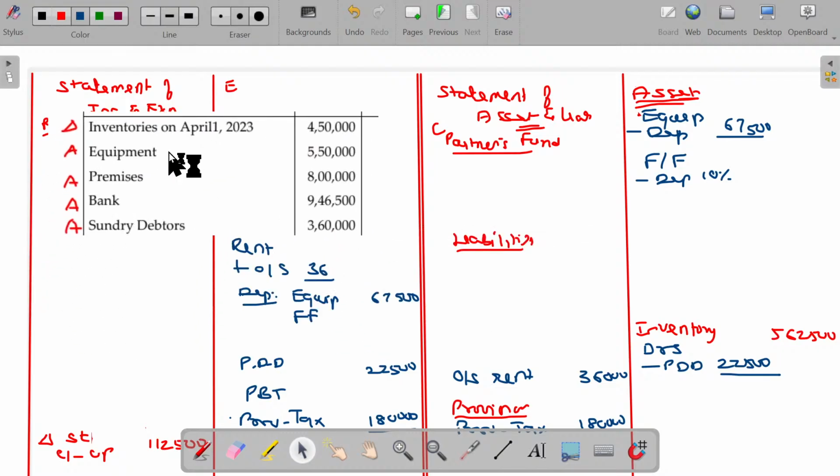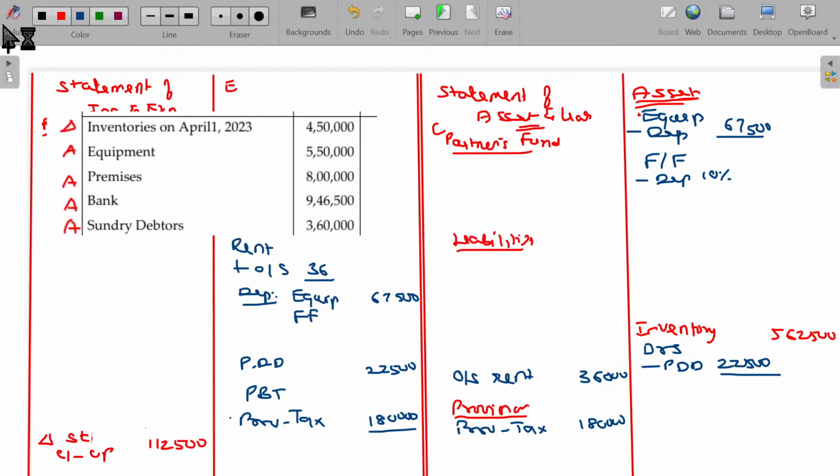Here already I have posted inventory. Rest: equipment being 5,50,000. From there 67,500 is subtracted to find the closing balance of the asset, 4,82,500. Depreciation is already calculated.